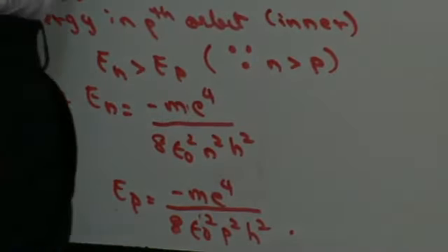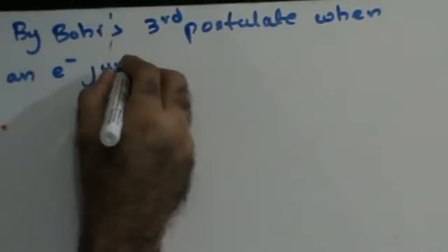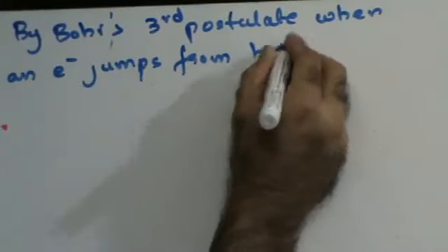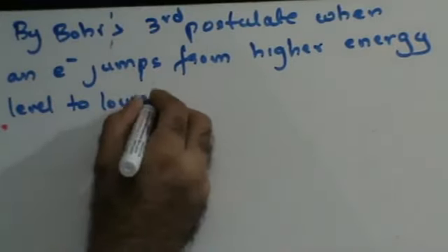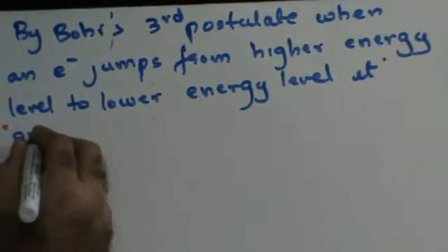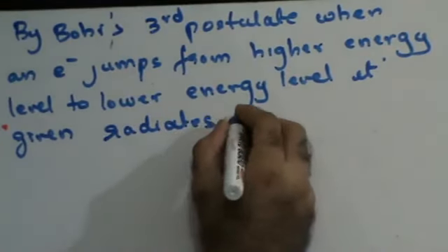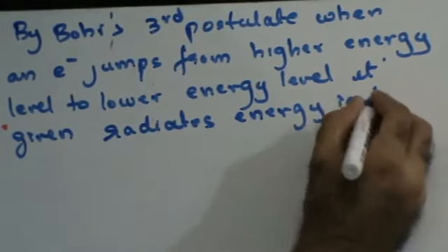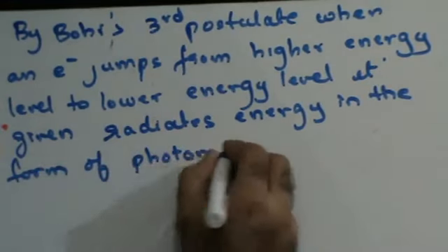So by Bohr's third postulate, when an electron jumps from higher energy level to lower energy level, it gives out energy, radiates energy in the form of photon of frequency v.